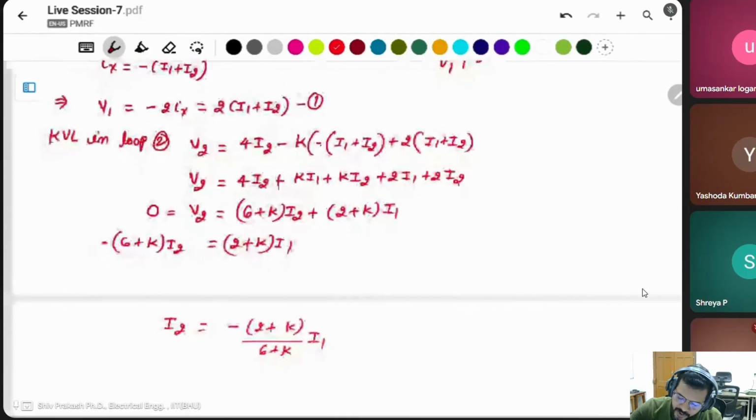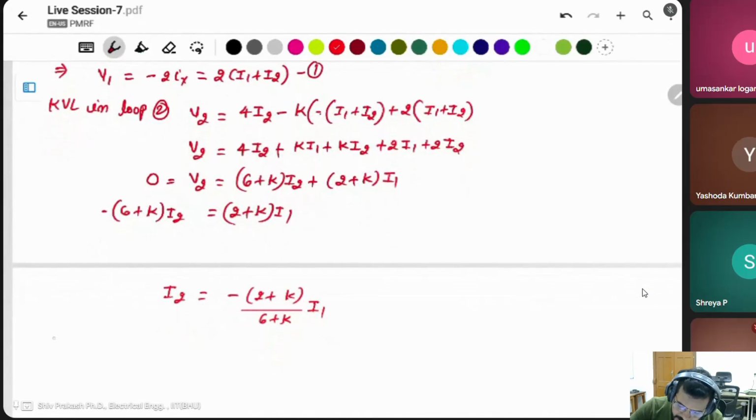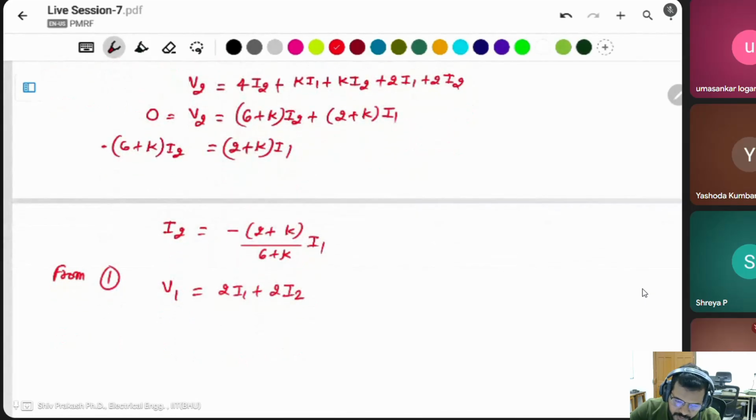Same thing, you can put the value of I2 in equation 1. In this case, V1 is equal to 2I1 plus 2I2, where I2 is equal to negative of 2 plus K I1 divided by 6 plus K.